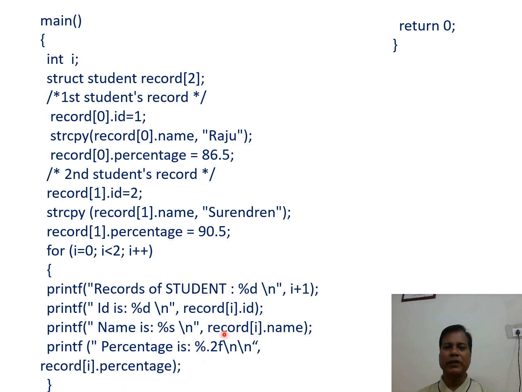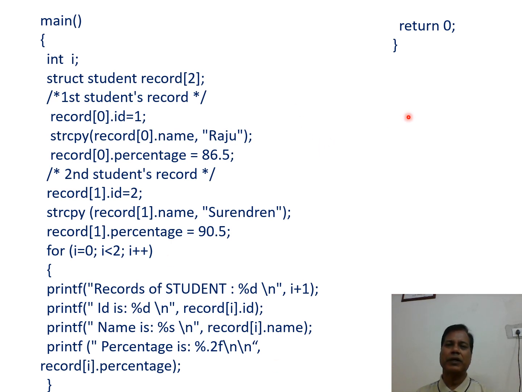Now after printing the records of the first student, the value of i is incremented. This value becomes 1. 1 is less than 2, that is true. So when the condition is true, the body of the for loop is again executed. When this is executed the second time, the record of the second student is printed.